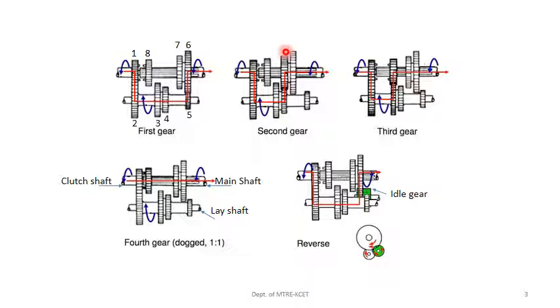The dog clutch moves the seventh gear of the main shaft to the position of the fourth gear of the lay shaft. So now the fourth and seventh gears are meshed. The engine power is transmitted through the clutch shaft, then first gear, then the second gear of the lay shaft, then the third and fourth gear to the seventh gear of the main shaft. Then the power is transmitted to the next transmission elements.